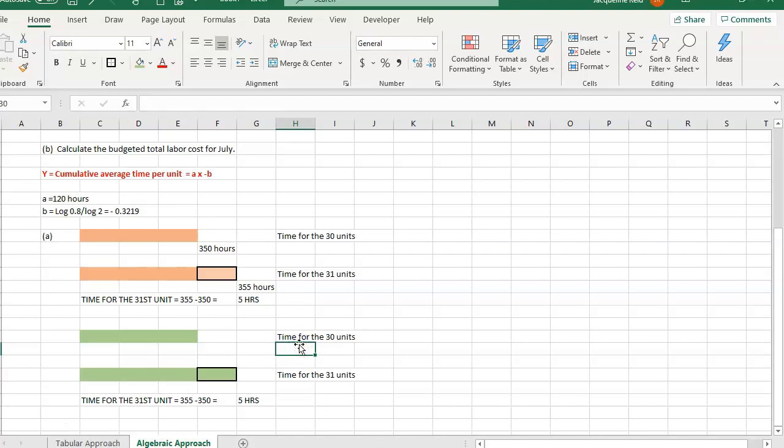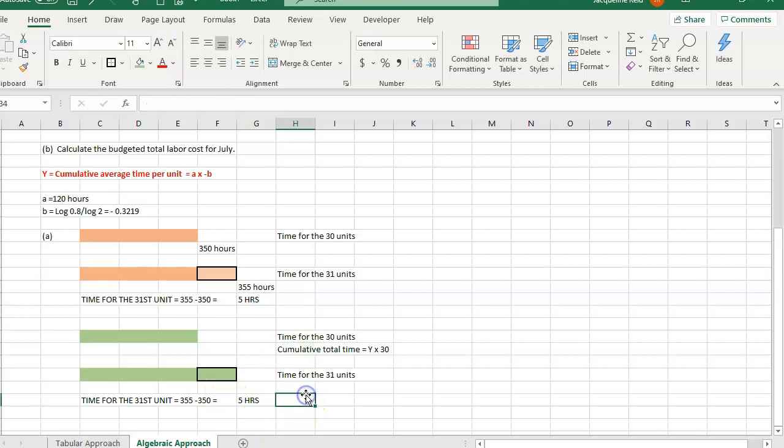If I want to find the time for the 30 units, I have to find the time for 1 unit. So the cumulative total time, which is what we want, is equal to y multiplied by 30.